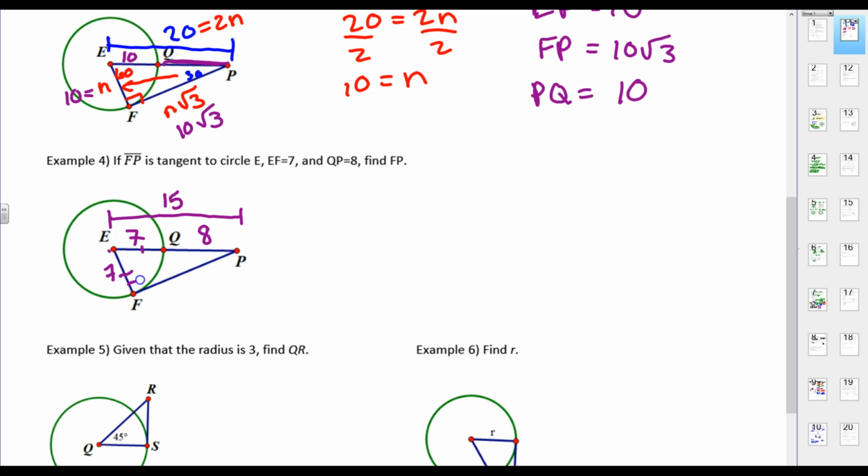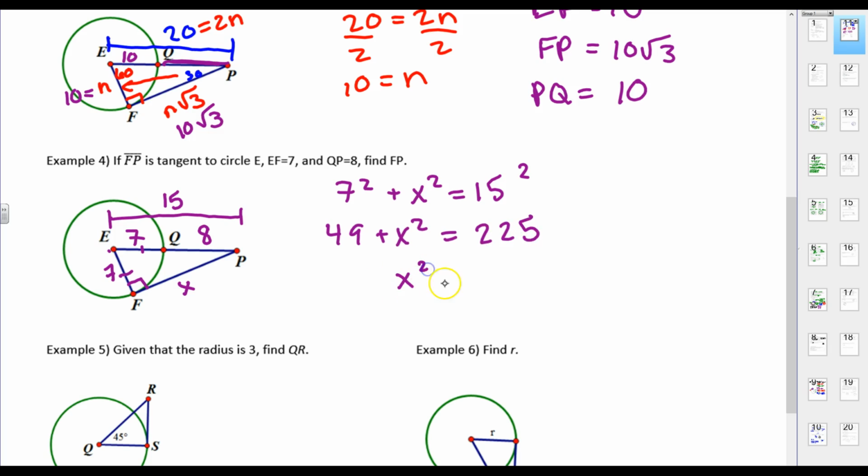Now, this is a right triangle because the tangent is always perpendicular to the radius, so we can solve for FP, I'm going to call it x, using the Pythagorean theorem. 7 squared plus x squared is equal to 15 squared, or 49 plus x squared is equal to 225.